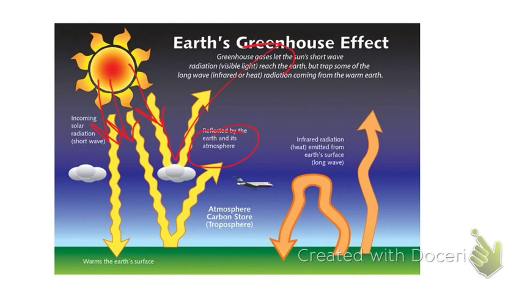The atmosphere causes some of the light from the sun to be reflected, especially gamma rays, X-rays, that kind of stuff, which is usually reflected back into space.